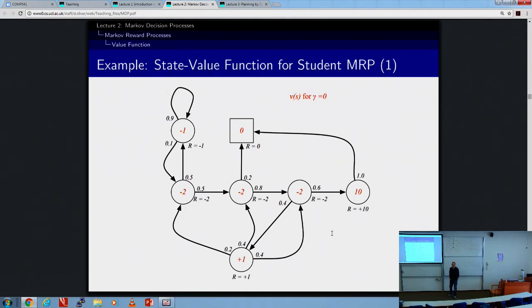So the gamma was supposed to be 1, right? Right. So to keep things simple, the discount factor is 1. I can tell you 2 of the answers. So this is supposed to be 10 and that's supposed to be 0. Those won't change.